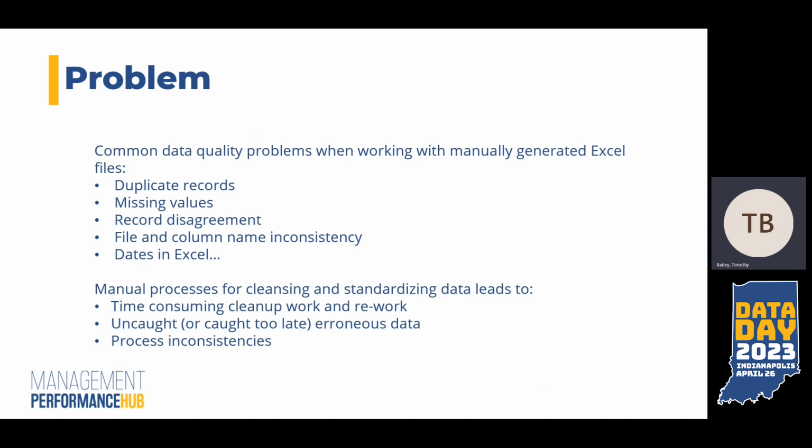And if you've ever worked with dates in Excel, you know the nightmare that exists there. Manual processes for cleaning and standardizing data lead to time-consuming cleanup, work, and rework, uncaught or caught too late erroneous data, and process inconsistencies.